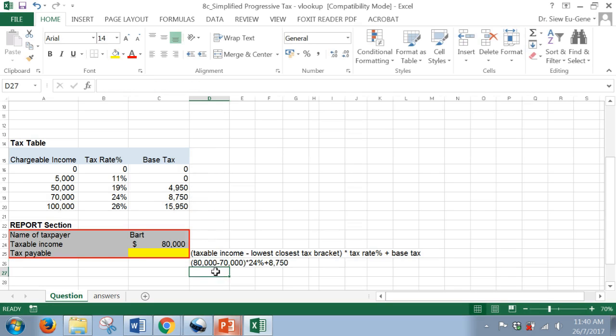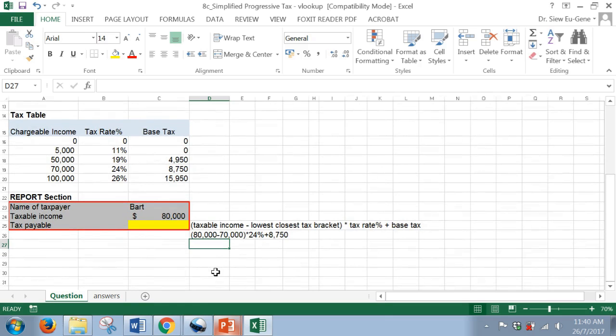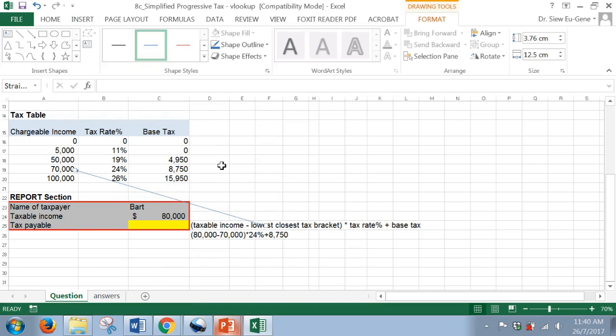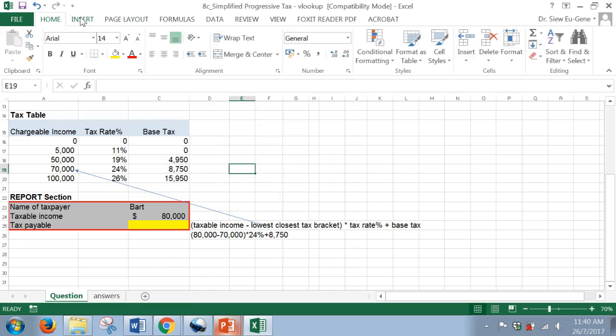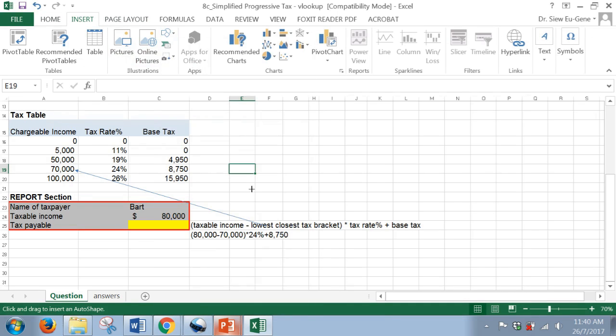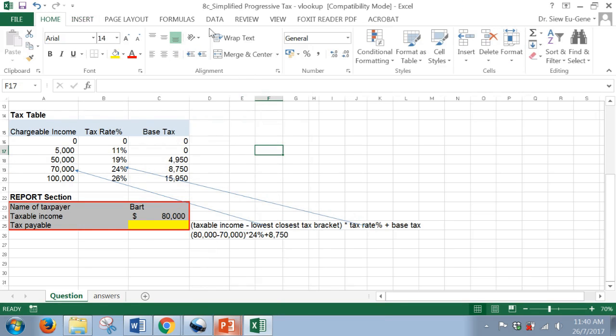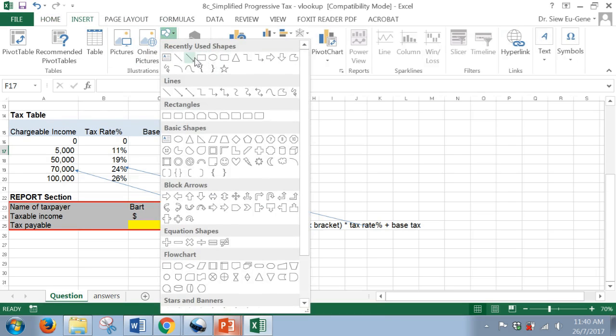Now we are going to use multiple VLOOKUP. This formula calls for multiple VLOOKUP. So we have to use VLOOKUP for the lowest closest tax bracket, which is in the first column. We have to use the tax rate again at 24%, another VLOOKUP, and we have to use another VLOOKUP to refer to the base tax.